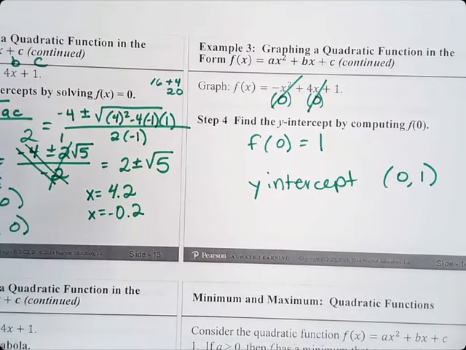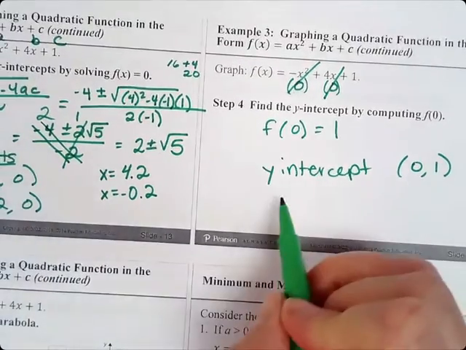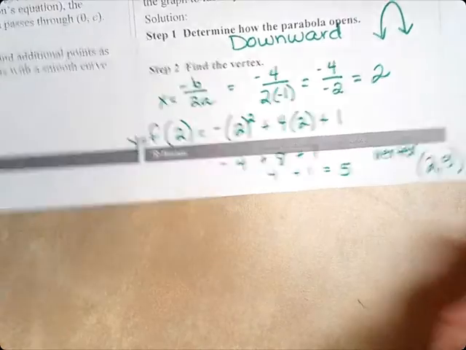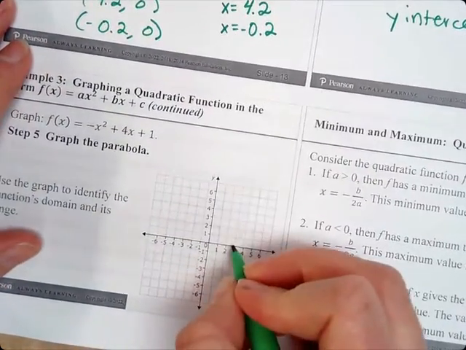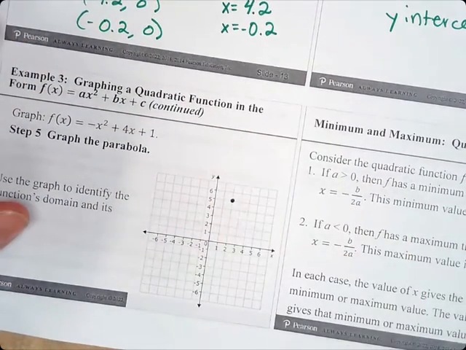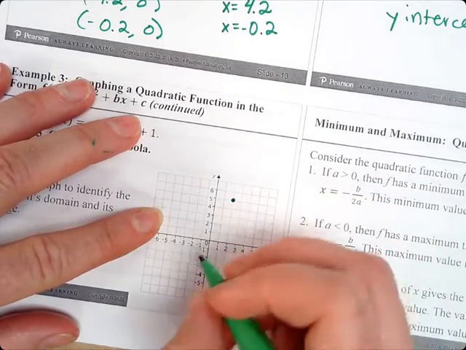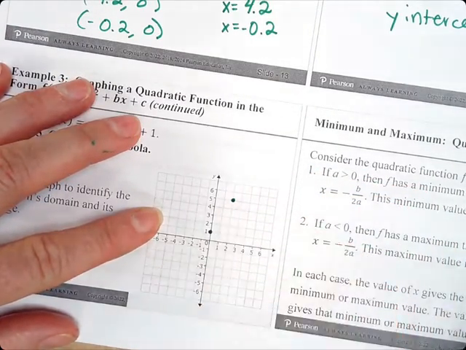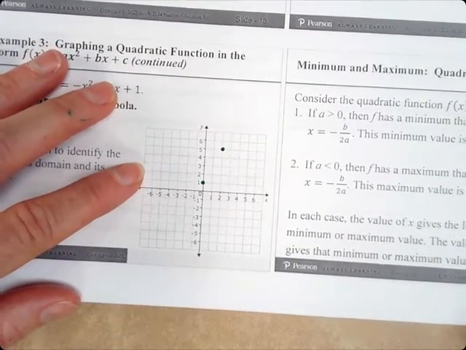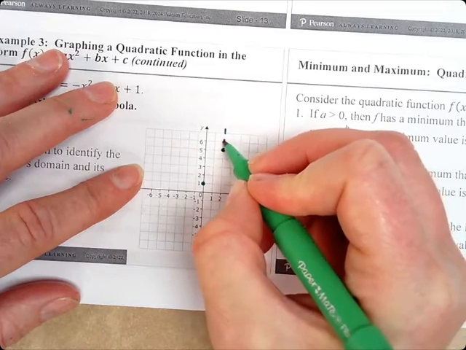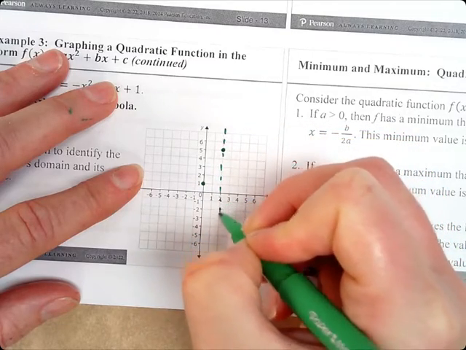So let's see what we can graph on this. We can graph our vertex. We found that over here. It's (2, 5). Our y-intercept is (0, 1). And it opens downward. We know the axis of symmetry goes through the vertex.